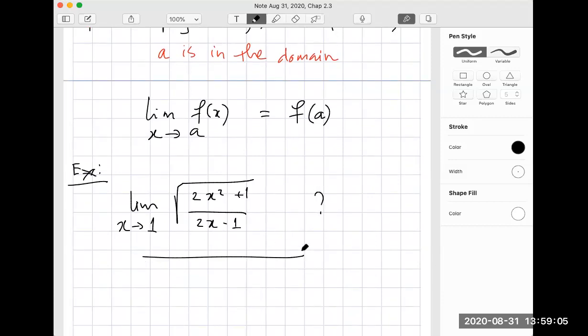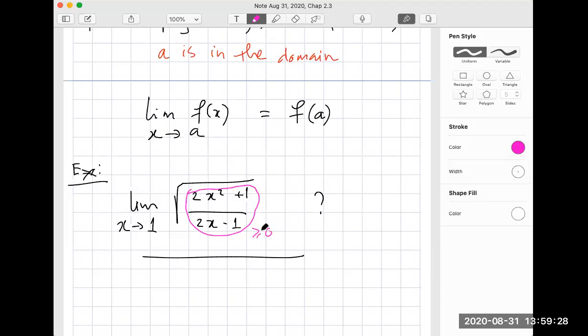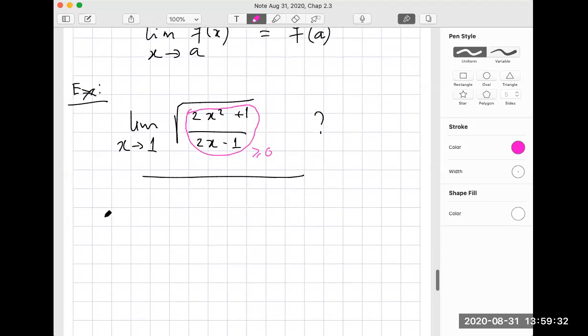First, near 1, we see that 2 times 1 squared plus 1 means the numerator is positive, right? And 2 times 1 minus 1 here is also a positive number. Therefore, this fraction here should be a positive number, right? So we can apply the root law.